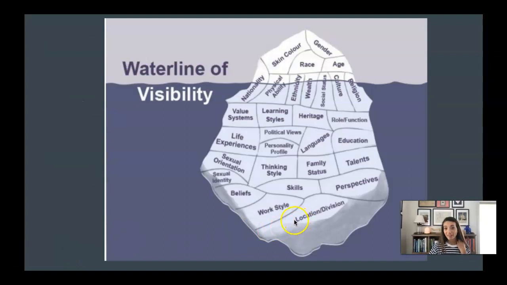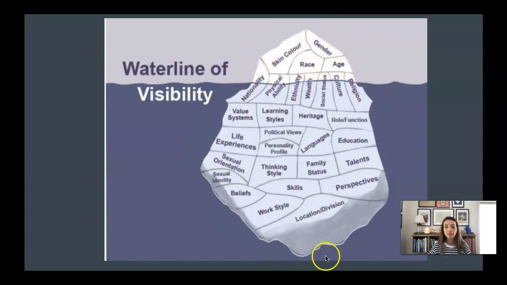All right, so here we have another one. You keep seeing it over and over again. That is the identity iceberg. And once again, here is the waterline. And you can see that some of them, you can see a little bit above the waterline, a little bit below the waterline. They kind of straddle the waterline, if you will. So these would be everything that is visible as far as personality or personal identity goes.